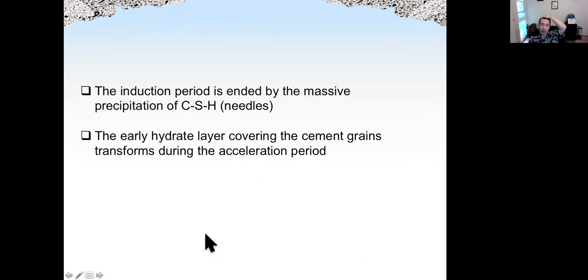So the induction period, which is also called stage 2, is ended by mass precipitation of CSH. And the early hydration layer covering the cement grain transforms during the acceleration period.